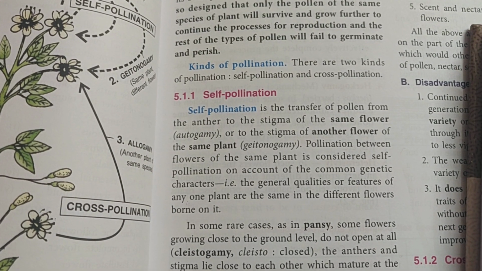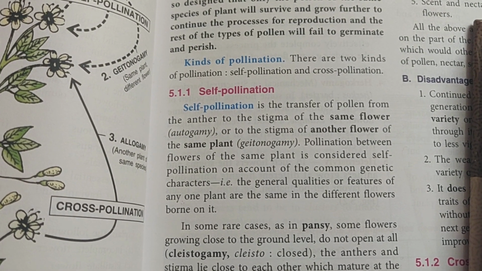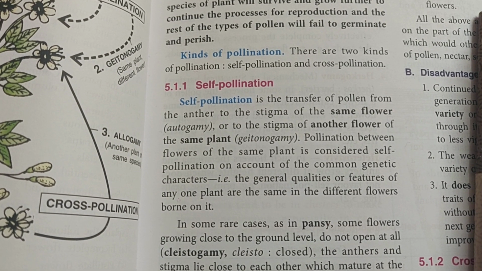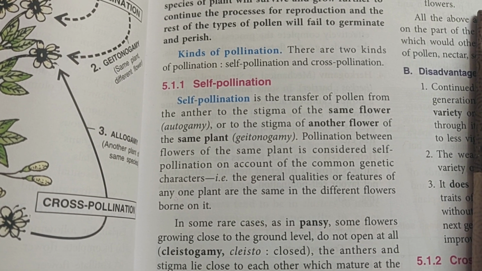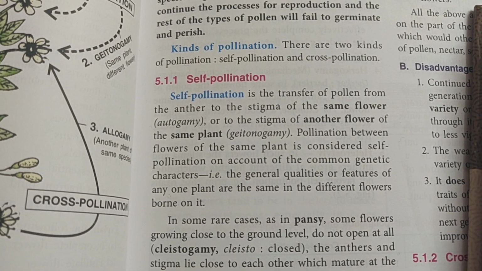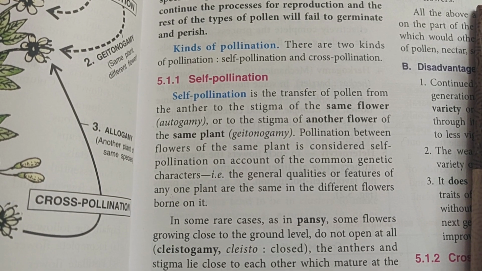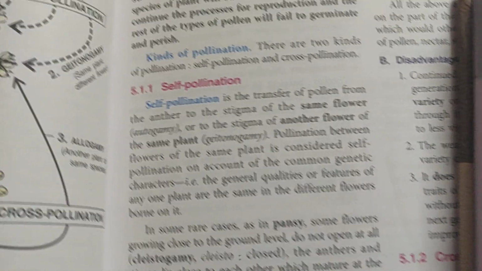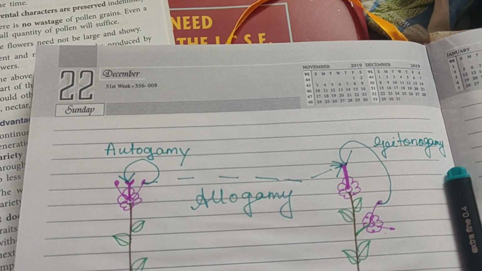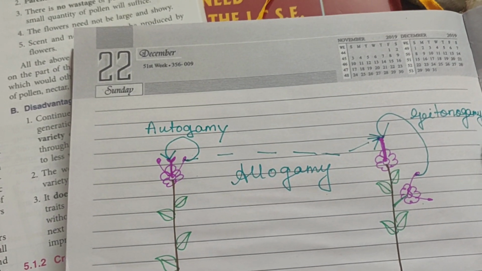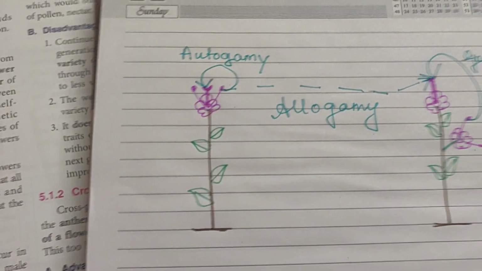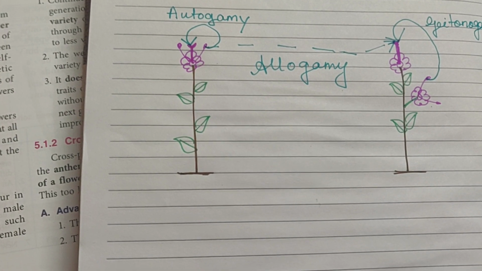So self-pollination is obviously the transfer of pollen. So what happens here? The pollen transfers from the anther to the stigma of the same flower, or to the stigma of another flower of the same plant. That means we had learnt about autogamy and geitonogamy. So autogamy and geitonogamy, these two types of pollination, fall under the process of self-pollination.